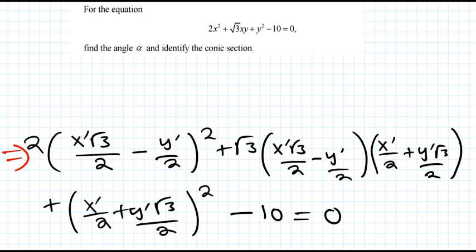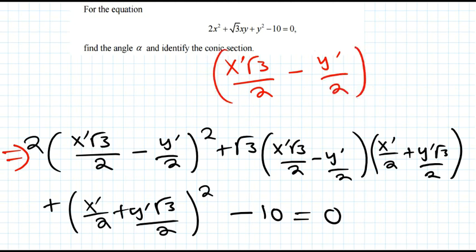So if you look at what we have here, what can we do to make things faster and easier for ourselves? So we have x prime root of 3 over 2 minus y prime over 2, multiplying by itself. So the first part, if you multiply this by itself, we're going to have x prime squared.